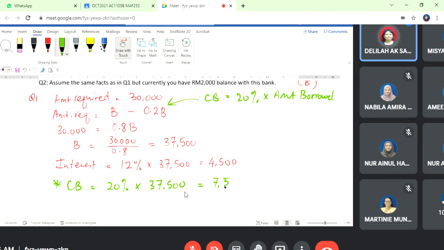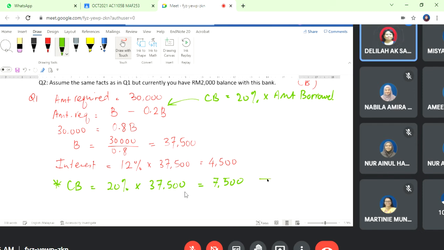The CB is 7,500. That means the amount that you receive is the amount borrowed, 37,500, minus the CB, 7,500. So you get exactly 30,000.